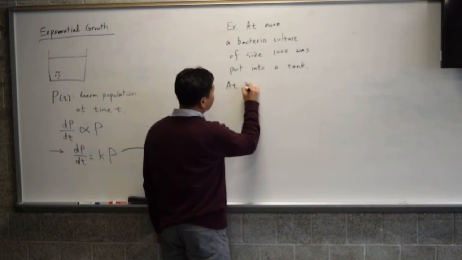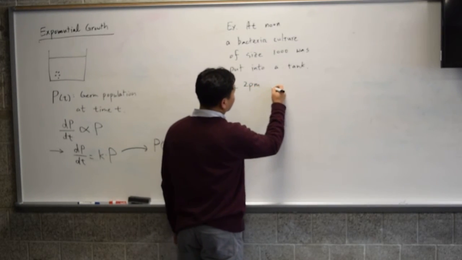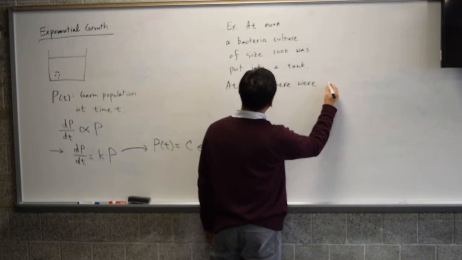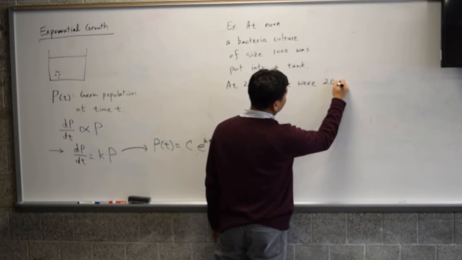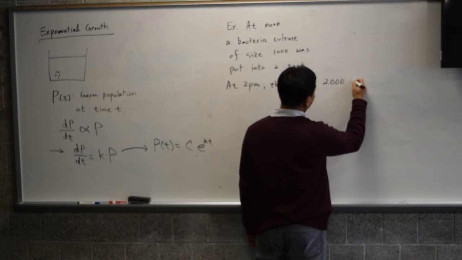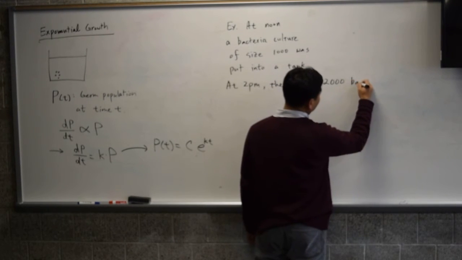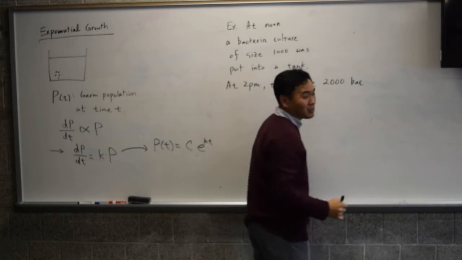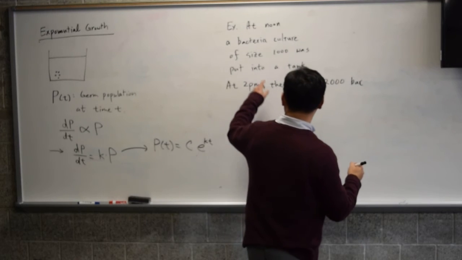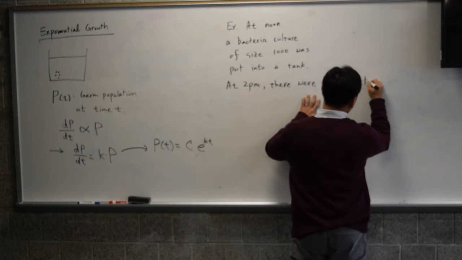At 2 p.m., there were 2,000 germs or bacteria. Bacteria is already a plural, right? Bacterium is a singular. So 2,000 bacteria.